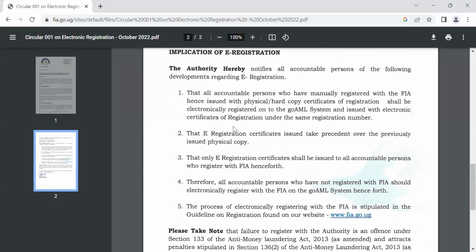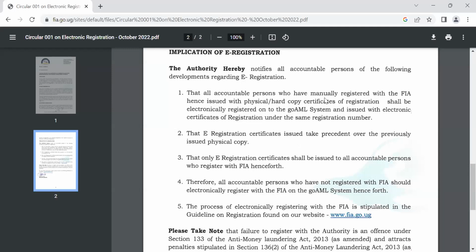I shared the requirements with you. Maybe Fiona is still on, she'll confirm if we still need Form 1 and 3. But I think they will be required, including the certificate of incorporation, the letter introducing the people who will be accessing the system, the active license of BOU, and national ID for nationals and passports for non-nationals.